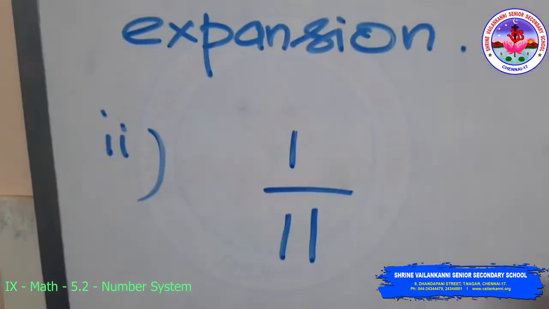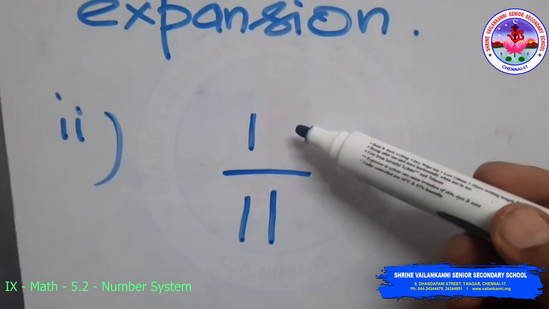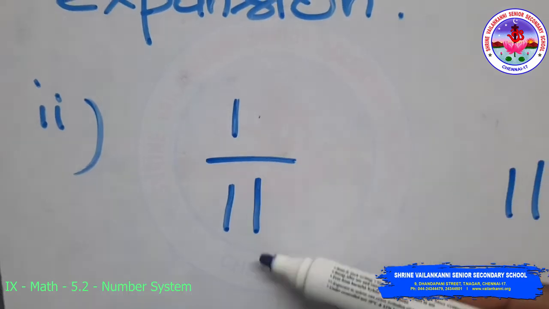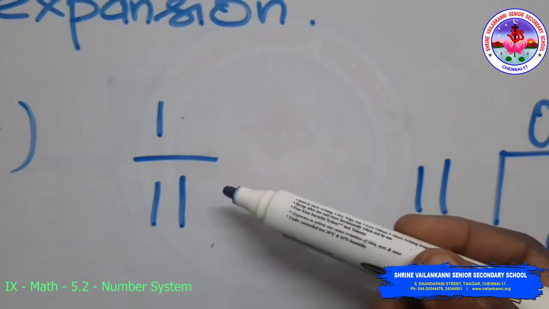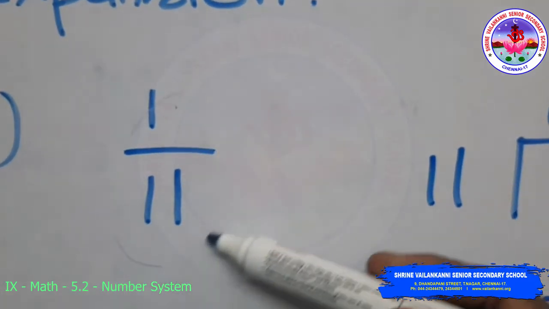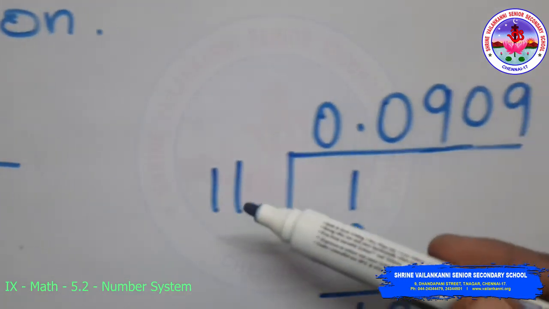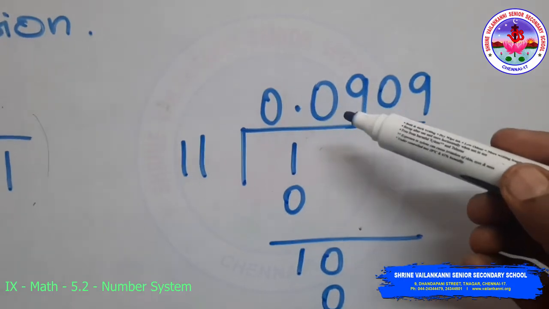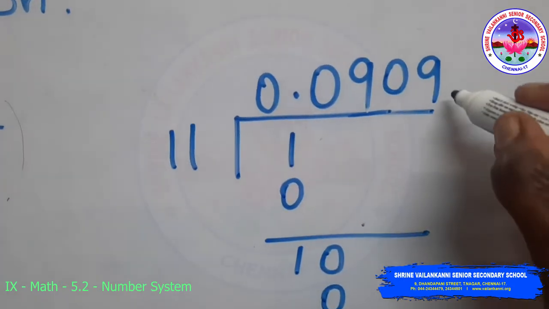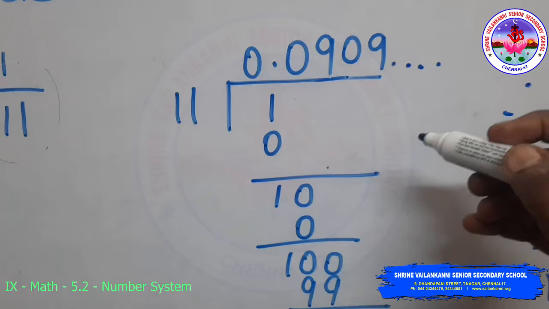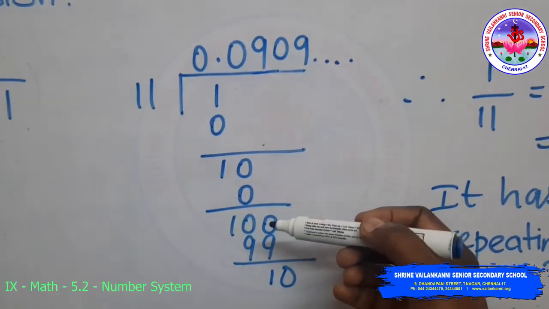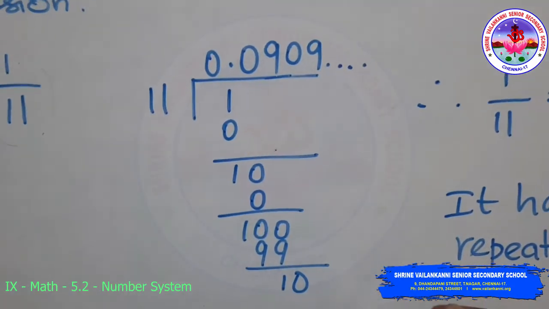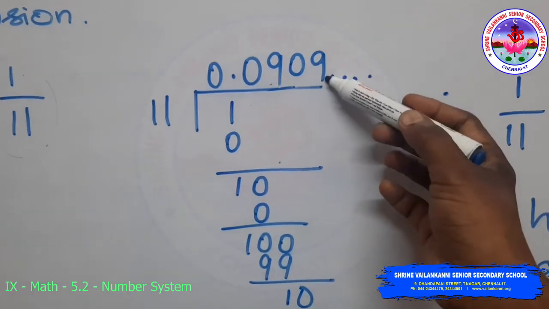expansion. Now coming to the second problem, the fraction is 1 by 11. So we want to find this in terms of decimal expansion. Now dividing 1 by 11, I will be getting 0.0909 and so on. It keeps on continuing where the digits get repeated here.